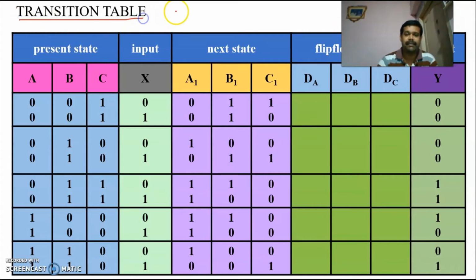In the transition table the states have binary values. I will explain for the first one. I am taking A is equal to 0 0 0, and giving the input 0.